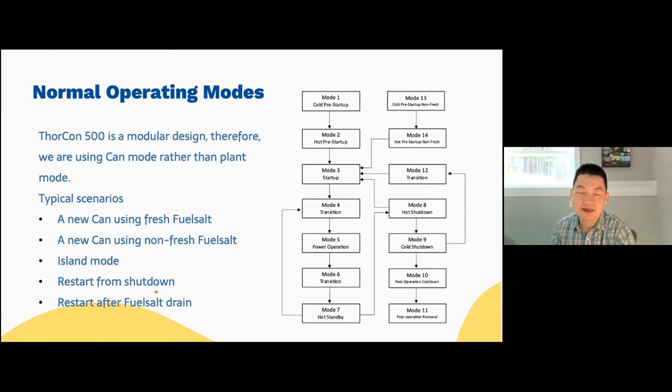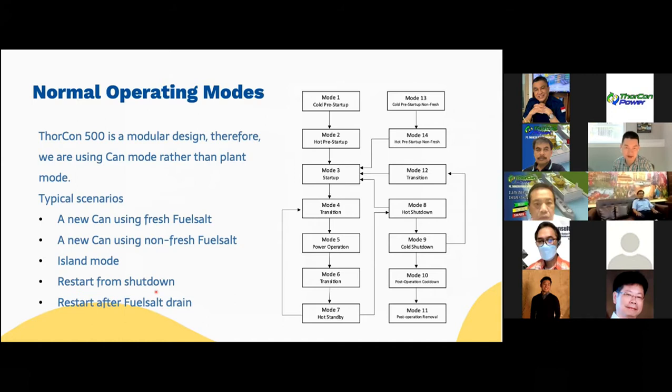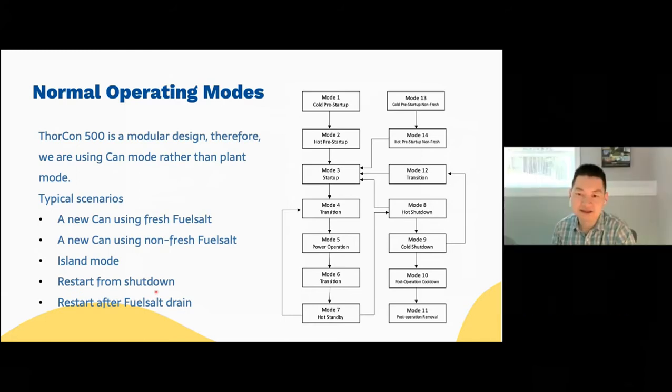So it makes sense to define the can mode rather than the plant mode, because each plant usually has 4 cans at the same time. So following this slide, every time we talk about the operating mode, we're talking about the operating mode of the can.